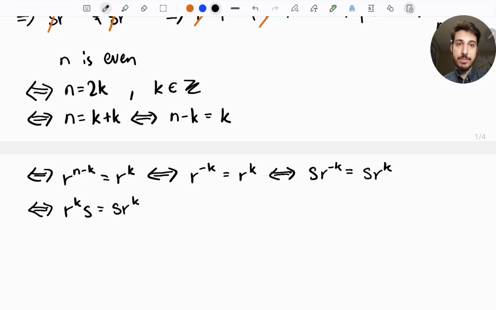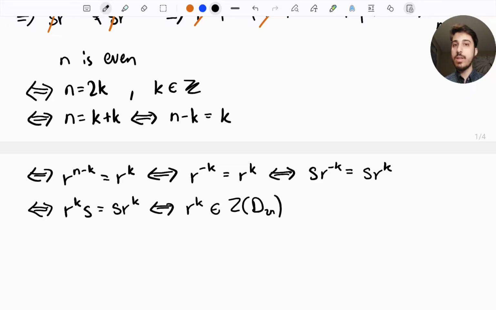So we've just seen that r to the k commutes with s. And so we're naturally inclined to say that this means that r to the k is an element of Z(D_n), because already r to the k commutes with any rotation or any multiple of rotations that we have.